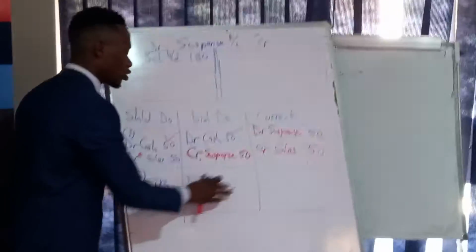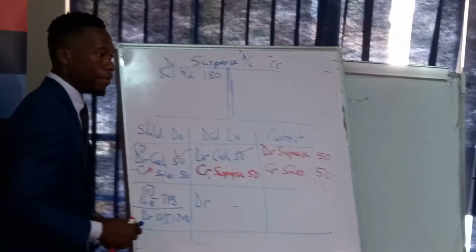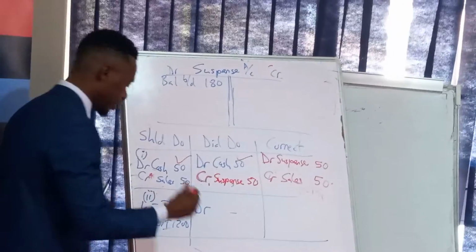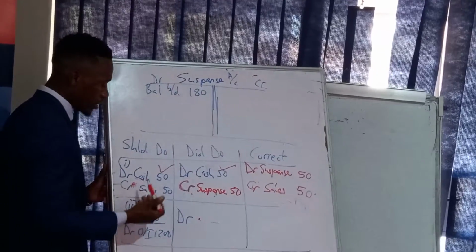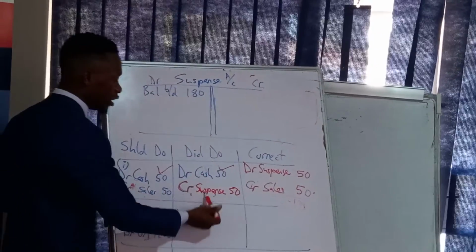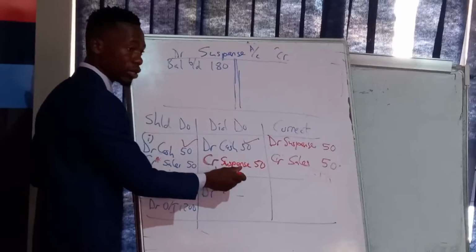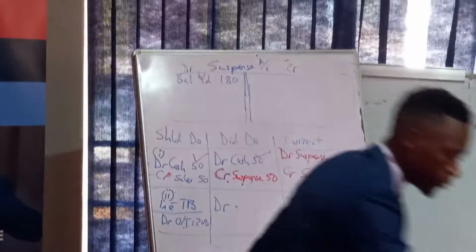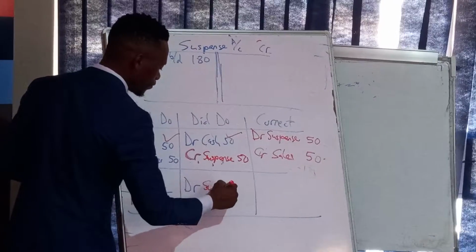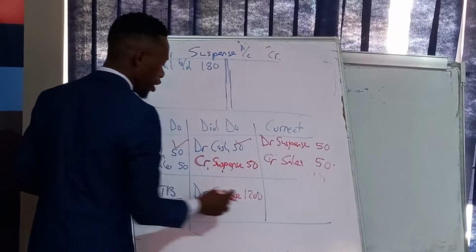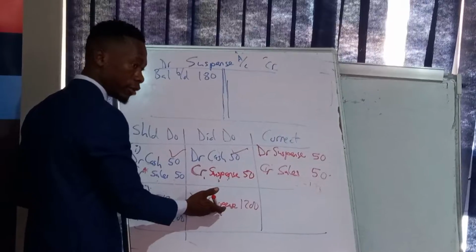Since they did not record on the debit, it means there is a shortfall on the debit. By how much on the debit? Remember what we did here. The sales were not recorded, so we did recognize what? The suspense. You understand, right? So allow me to write what? Suspense here, since there was a shortfall here.